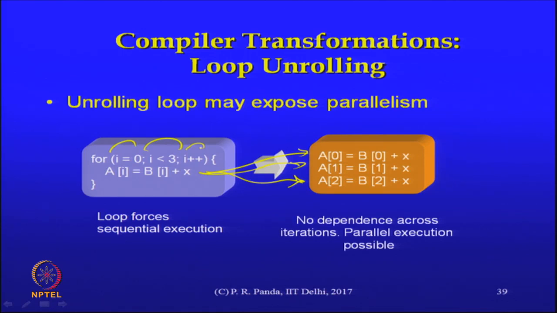All that is needed is you propagate the corresponding value of I into the loop body. Wherever I occurs, you would have to make an appropriate substitution. That is what leads to the multiple copies of the loop body, and with the right values of I being filled in. That is what we have there.